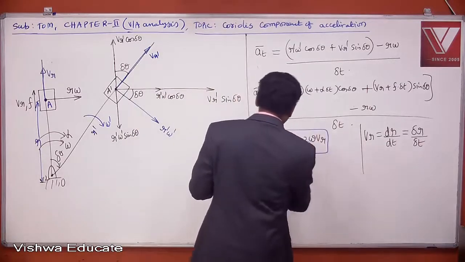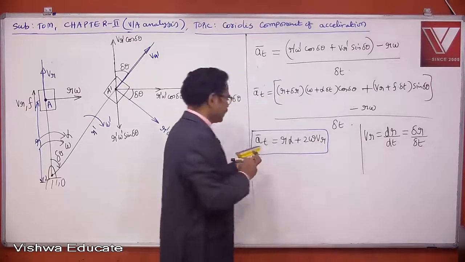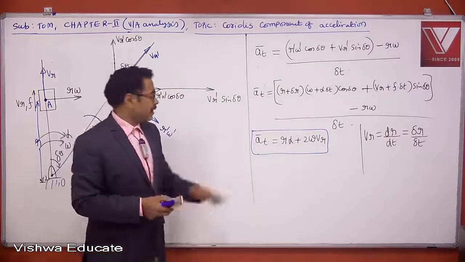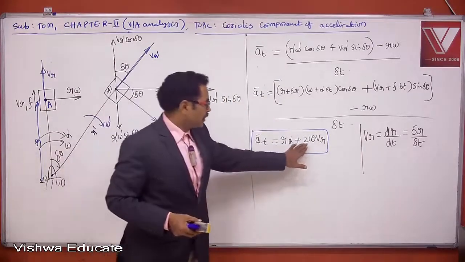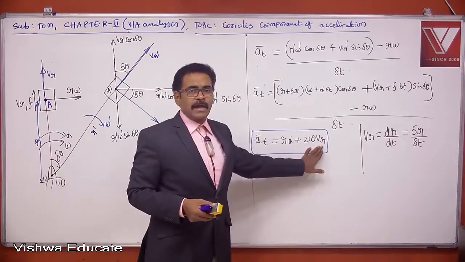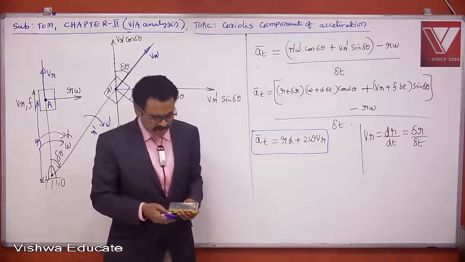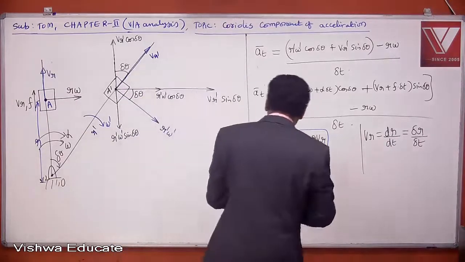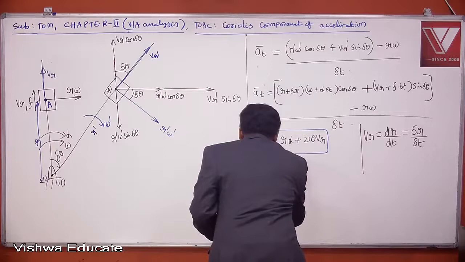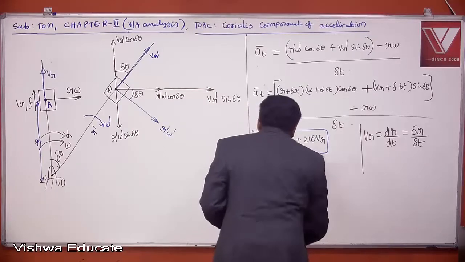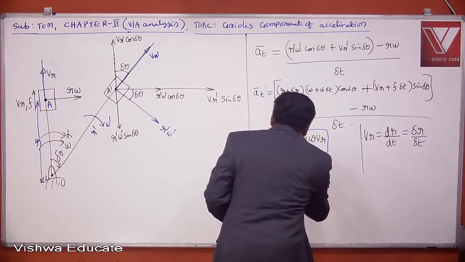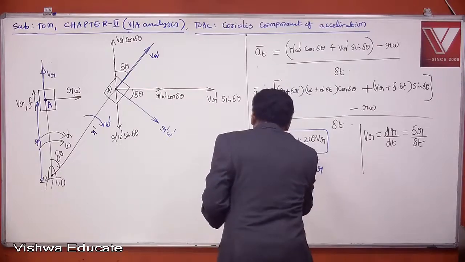total tangential acceleration. Originally, tangential acceleration is equal to r alpha, but here we are getting some additional tangential acceleration. That additional tangential acceleration is nothing but the Coriolis component of acceleration. I may denote the Coriolis component of acceleration with ACR. ACR is equal to 2 omega into VR, right?